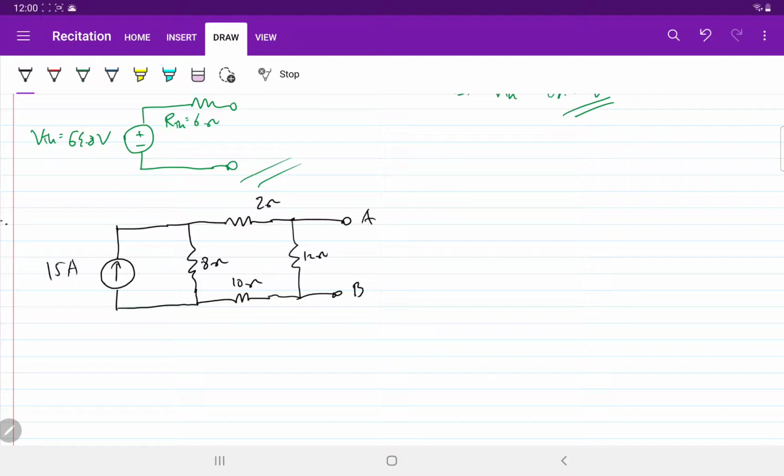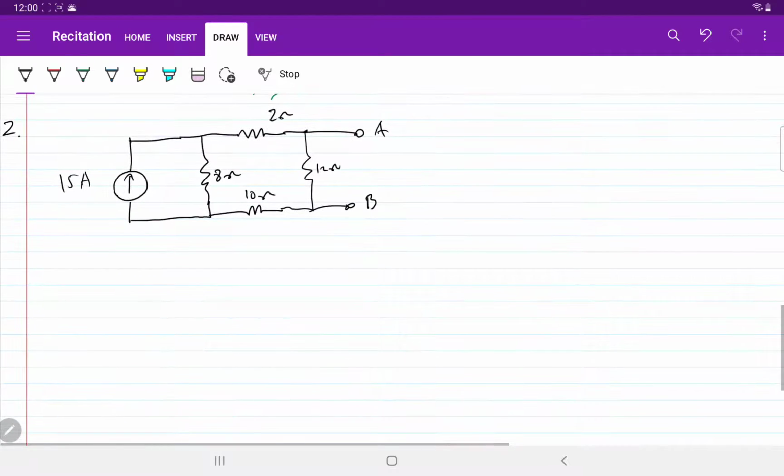We can do the same analysis by replacing the current source with an open circuit to get the Norton equivalent resistance and work things out, right?